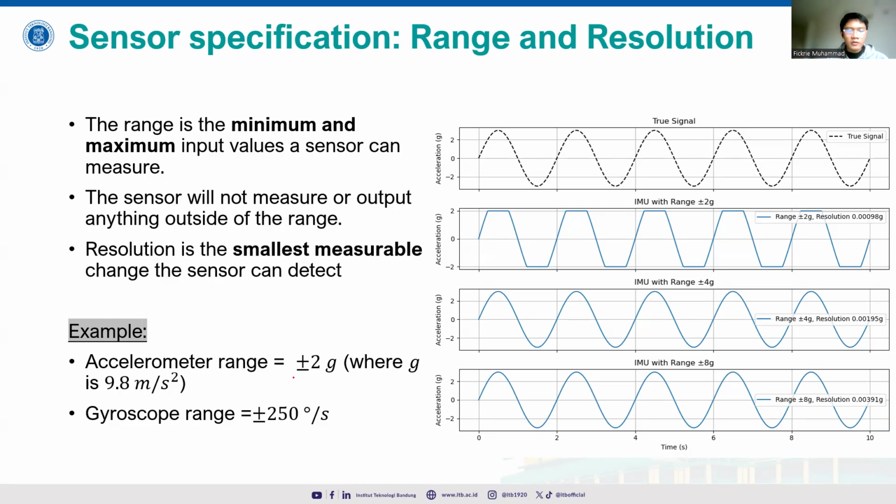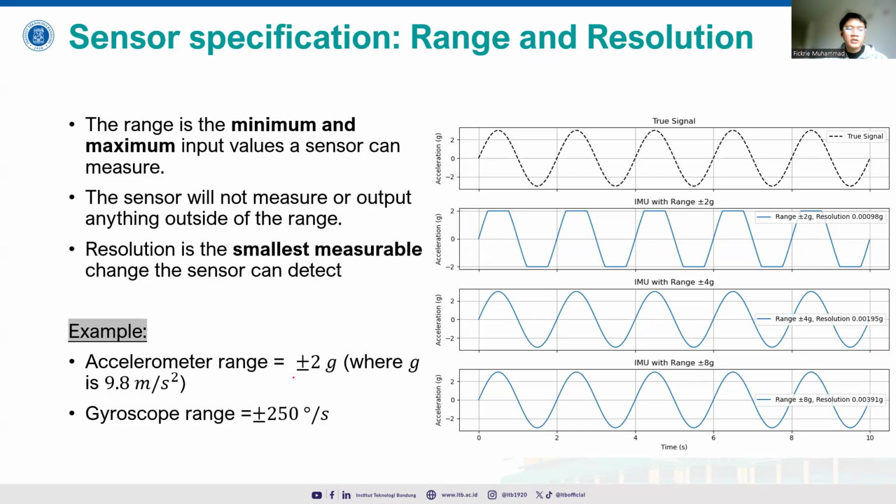If it goes outside plus minus 2G, then a normal IMU, like a strapdown one, will not be able to measure the acceleration anymore, which is why a gimbal-based system or a more expensive one sometimes has more range, and sometimes it's more expensive because of that.